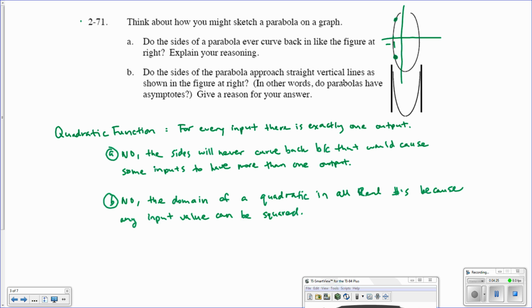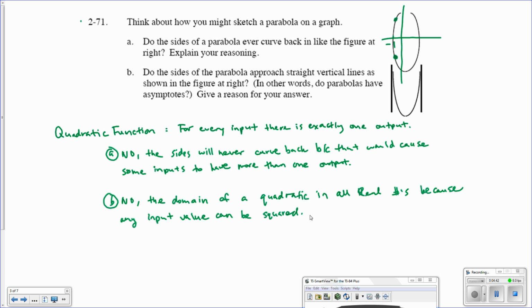So they won't ever approach those vertical lines there because we have to get past that vertical line, because you have all these points that would have to be out here. Our domain could not be all real numbers if we approached a vertical line.